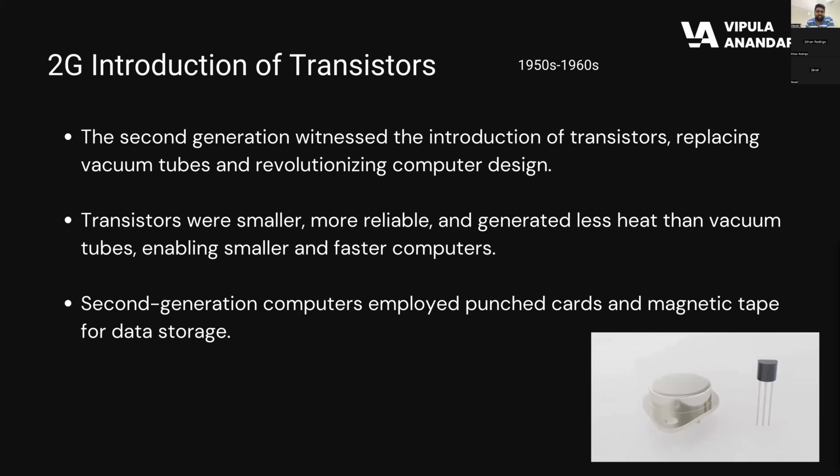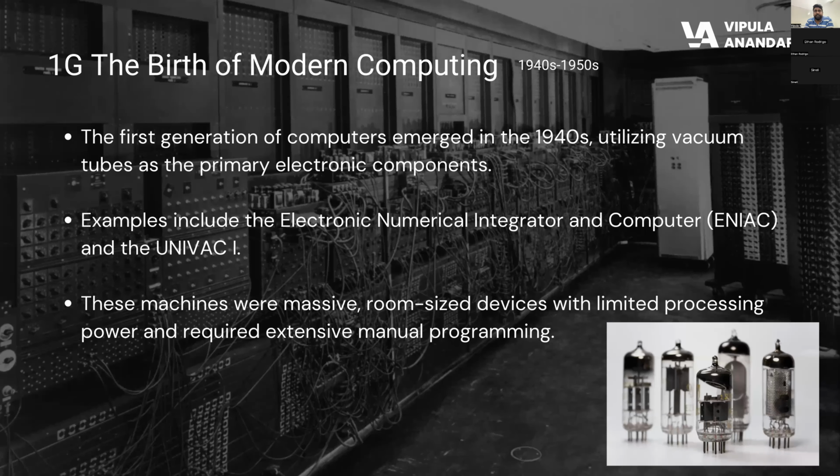So the second generation computers basically use these transistors, and they were also able to save data. Earlier, when we look at these old monolithic computers, they were basically there for just data processing.